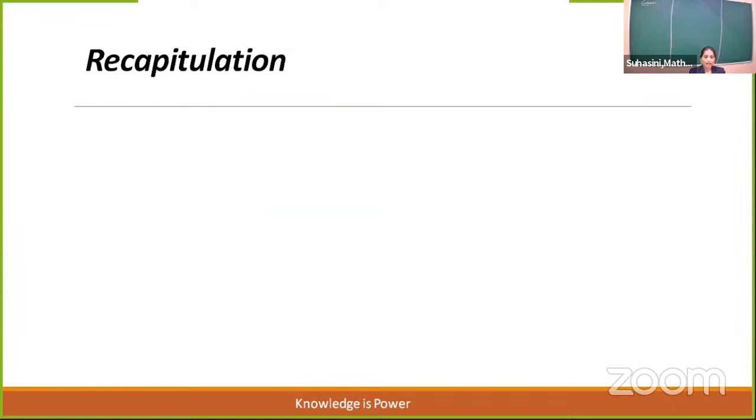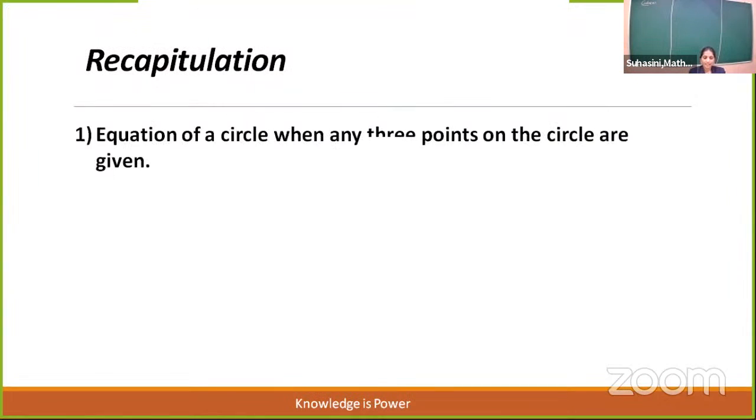Before starting our next session, let us revise what we have studied in our previous class. Children, we have studied how to write the equation of a circle when 3 points on the circle are given.